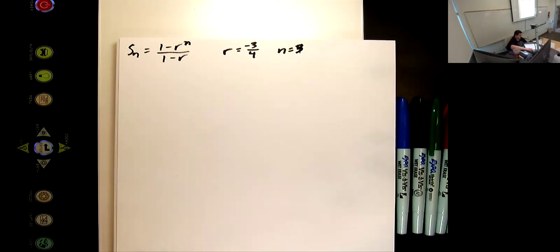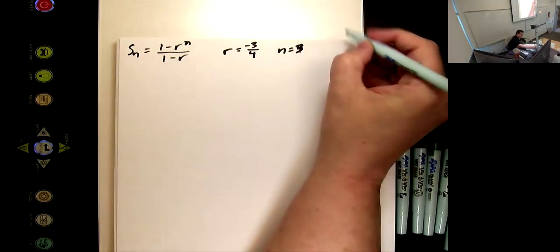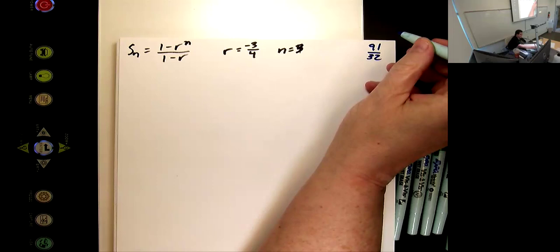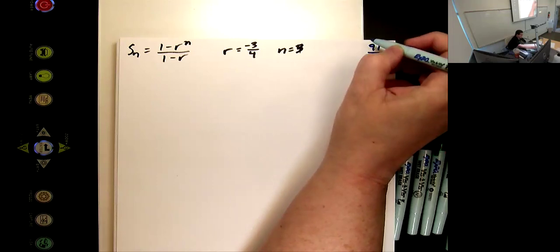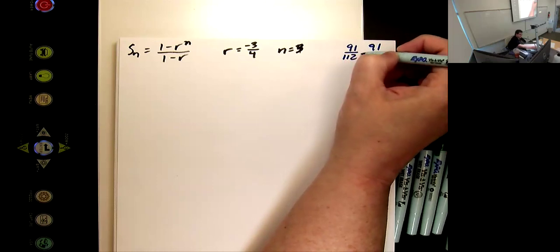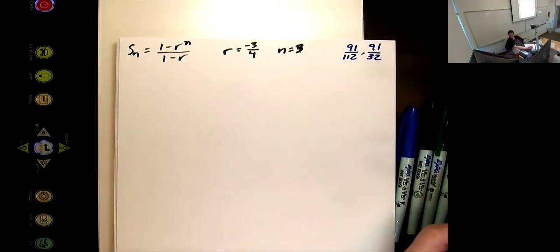Are you done, Keith? I think it's 91 over 32. Write that down. I don't know what it is. I think it's 91 over 112. So that's another option. Anyone online get an answer?